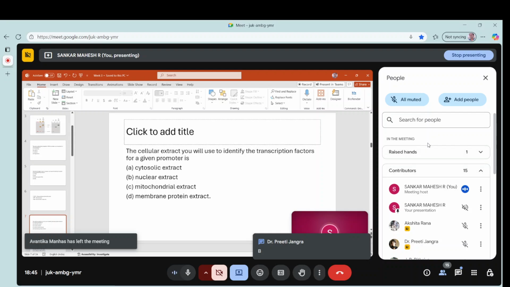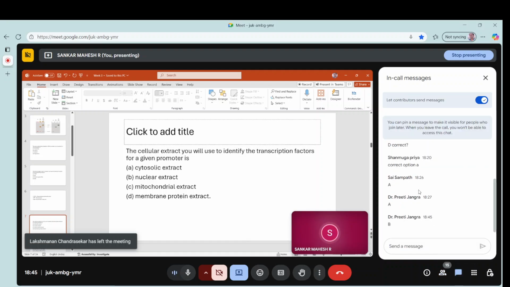Yes, first we'll discuss the incorrect option. One of you can unmute and mention what you think is an incorrect option.